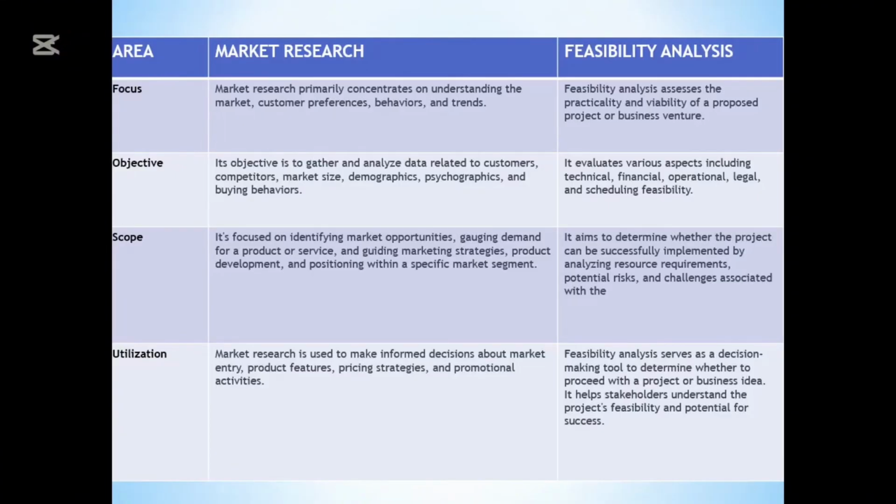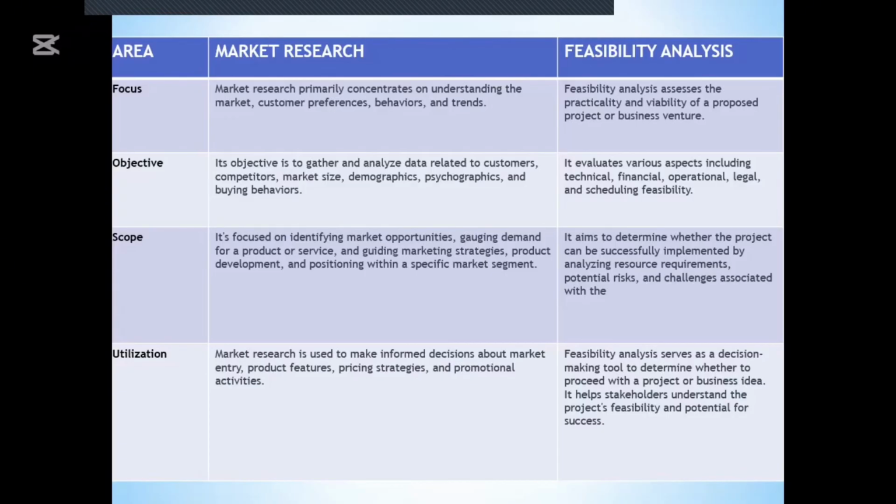With regards to objectives, market research looks at gathering and analyzing data related to customers, competitors, size, the demographics, the psychographics, and buying behavior. With feasibility analysis, we're looking more at the technical, financial, operational, legal, and scheduling feasibility.